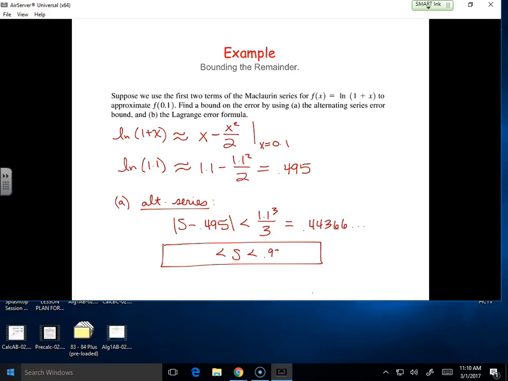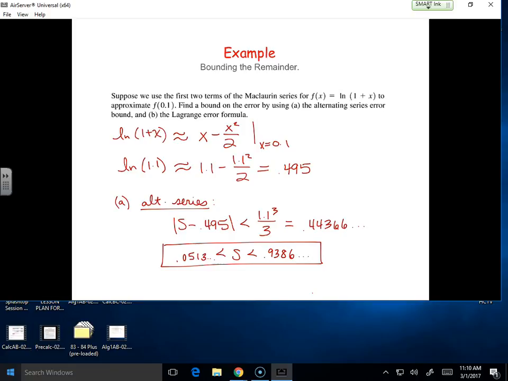What's on the other side? 0.51334. Negative or positive? Oh, positive. I was looking at the wrong one, making negative. So that tells us what the error has to be within those values. Oh no, that's what the sum has to be between.